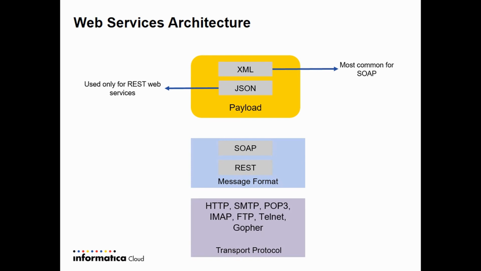Transport Protocol: HTTP, SMTP, POP3, IMAP, FTP, Telnet, Gopher. These are various standard protocols used for data exchange, out of which HTTP is the most commonly used protocol used by the web services.